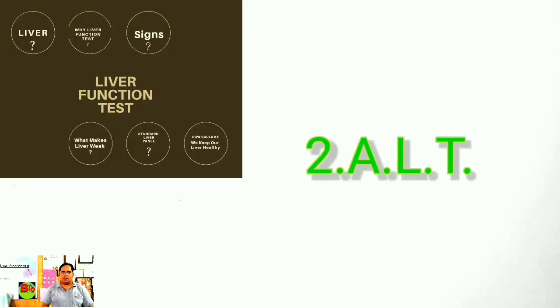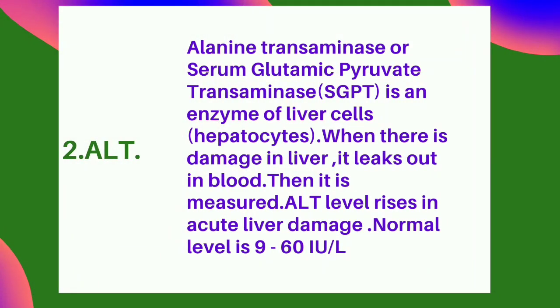Second, ALT. It is done for the enzyme alanine transaminase or serum glutamic pyruvate transaminase or SGPT. It is an enzyme of liver cells, that is hepatocytes.